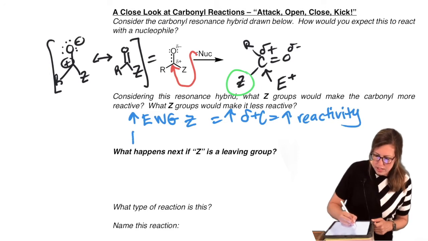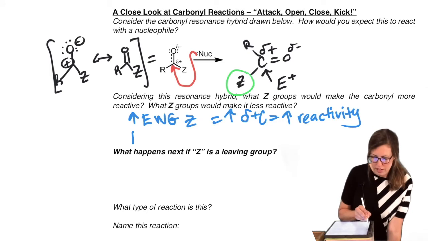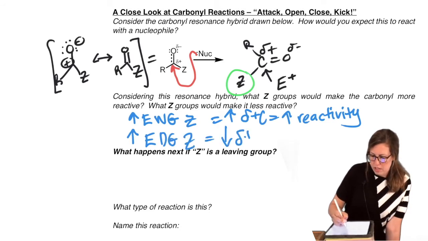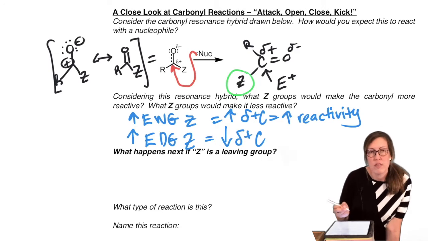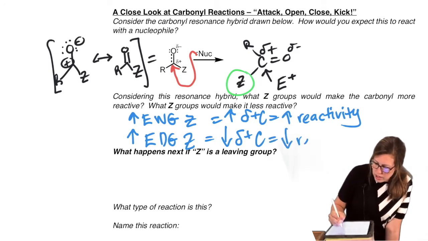If we decrease the electron withdrawing ability, so how about we call that electron donating effect? If you increase the electron donating ability of Z, we decrease the delta plus on carbon, so it's not as good of an electrophile. That means a nucleophile will not be as attracted to it. So that will decrease its reactivity.